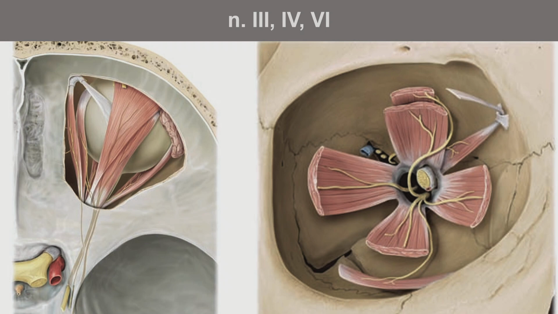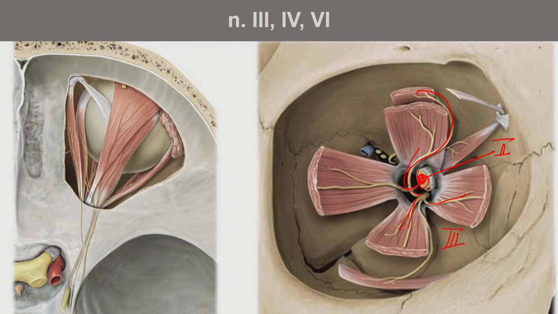Here it's seen also on the images, and you can see here the ring of Zinn. You can see that this is entering into it. This is the second nerve. And here, divisions of the third nerve.